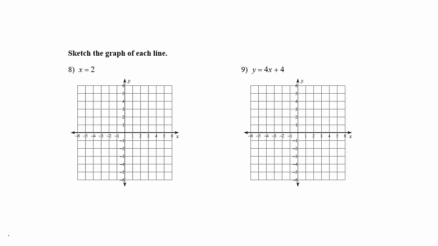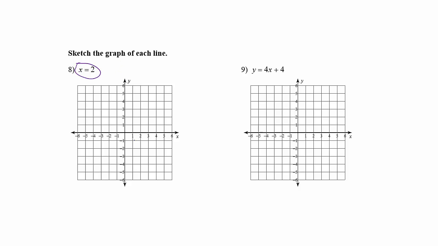All right. This says sketch the graph of each line, and it doesn't specify a way that we need to do that. So the easiest way, once we look at these problems, will be to use slope-intercept form, if possible. 8 is a special case that we just really have to remember. When there's not a y, that means our slope is undefined, and that our line is a vertical line that goes through whatever number.